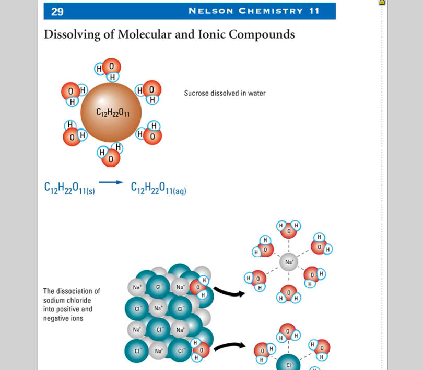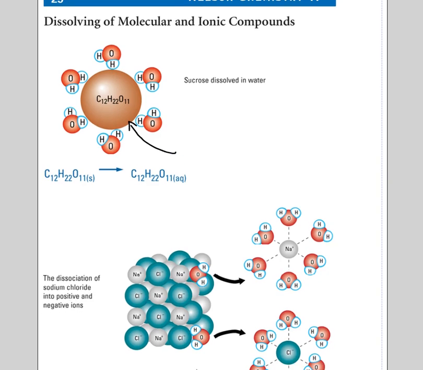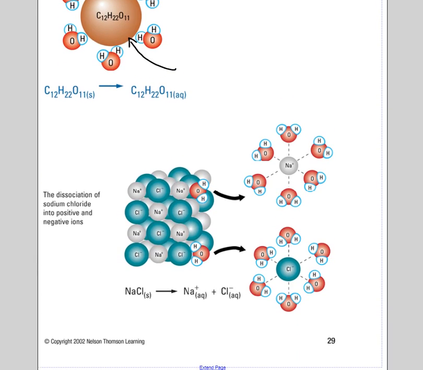So the dissolution process or dissolving process has the water molecule surrounding this small little molecule of sugar, which makes it invisible to the eye when it's broken up and it's now in the solvent. Same can happen in this case with sodium chloride, where the sodium and chloride ions are broken up and the ions are surrounded by the different ends of the water molecule.